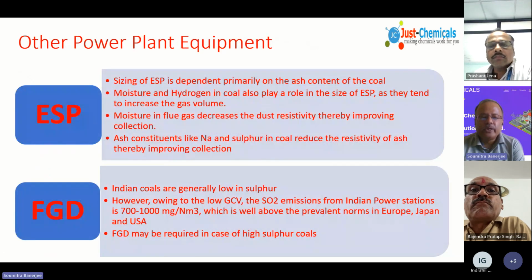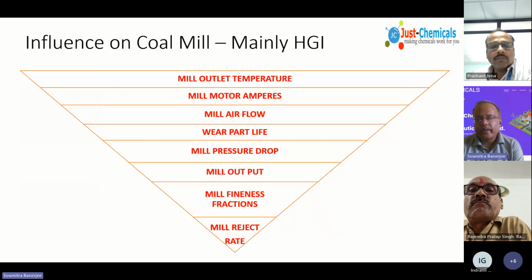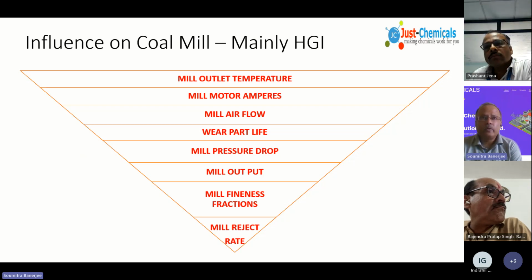FGD is required in many cases where the sulfur in the coal is even 0.5%, like in Tata Power Trombay. Even a small plant, RSPL, Ghadi detergent plant at Porbandar. I'm a consultant for that plant also. They have also been asked to get FGD installed.